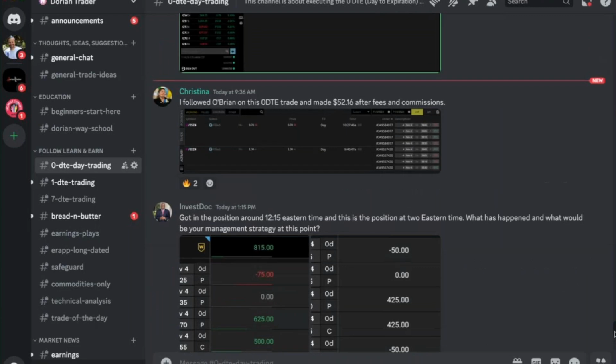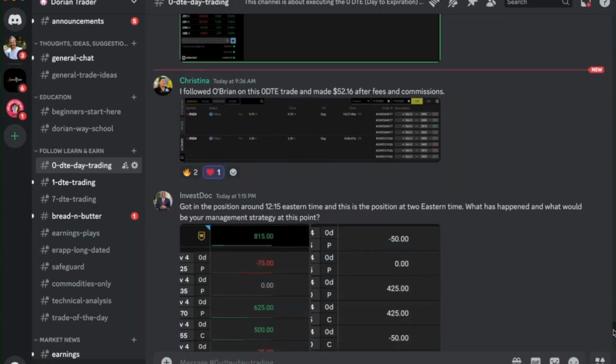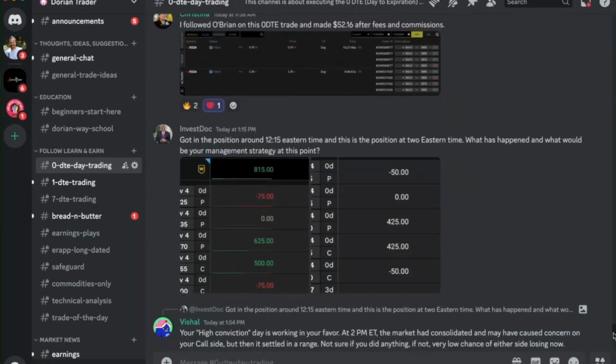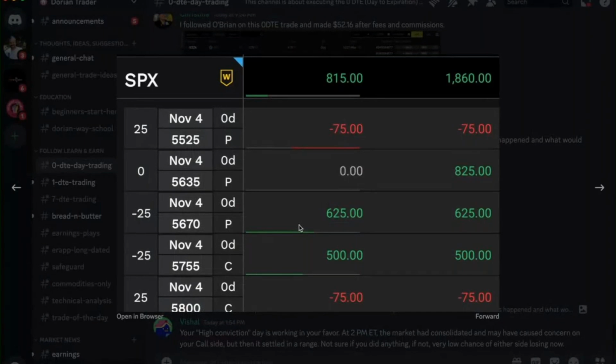Well, the call side, while it did go a little negative, like I got filled at only like 40 cents or something like that of credit per position on the call side, and it had gotten up to like 65 cents or something like that, so it got a little negative, and then it wound up settling back down to maybe like 45 cents or something like that.